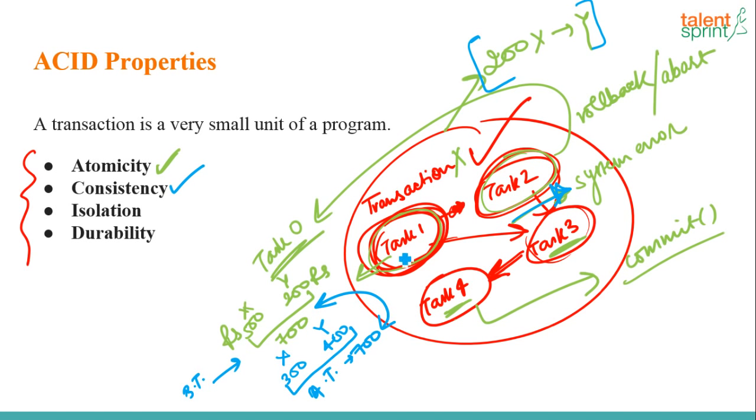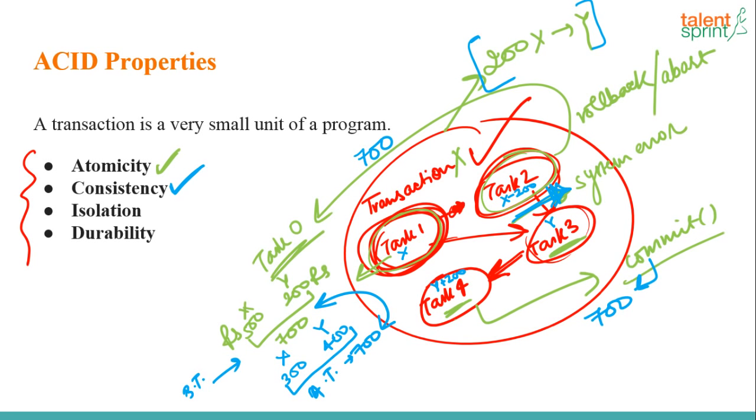You read the value of X, you subtracted 200 from X, but before you could read the value of Y and add 200 to Y, your system crashed at this point. Now, this is again consistency. So once you do the complete transaction, your previous state that was 700 should be the same as after the commit, that is 700. That is what we refer to as consistency.